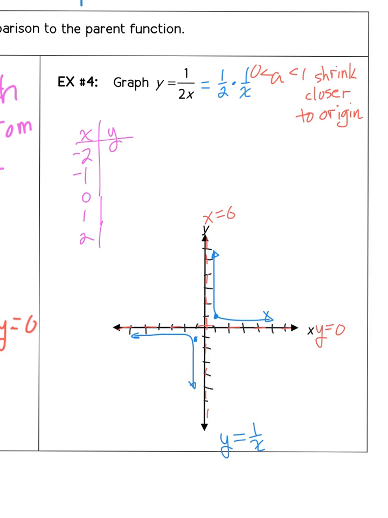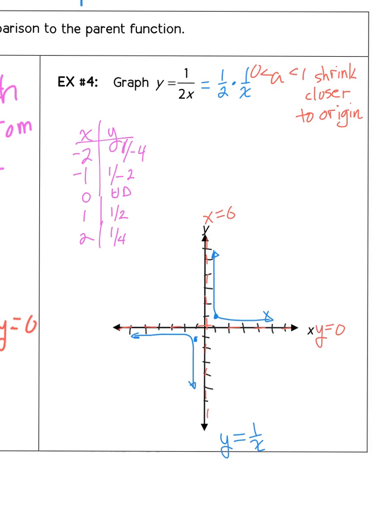All right, so 1 over 2 times negative 2 is 1 over negative 4. So negative 1/4. And then 2 times negative 1 is negative 2, so we get 1 over negative 2. 0 times 2 is 0, so this is still undefined at 0. 1 times 2 is 2, so we get positive 1/2, and 2 times 2 is 4, so we get 1/4.